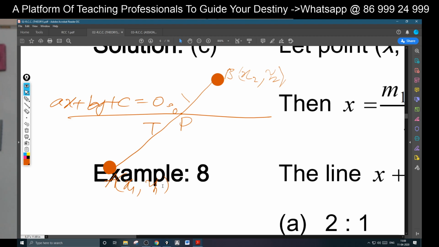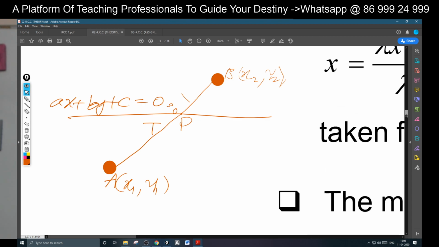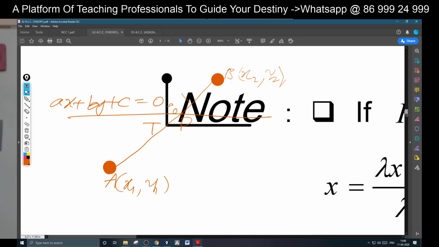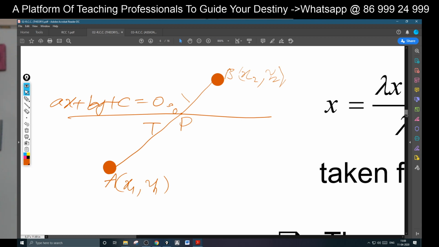See, if you substitute that in the line, what do we get? Do you understand what I'm doing? I'm substituting P here.